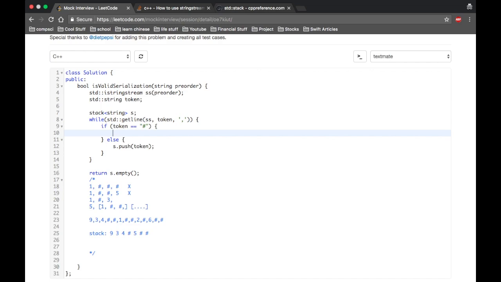I could push a number. I could push it into a pair, so it's like a stack, which is a pair, and it's paired to the string, and then a character, or a flag that says left or right. And as long as it's a right node, then I would pop that one too.